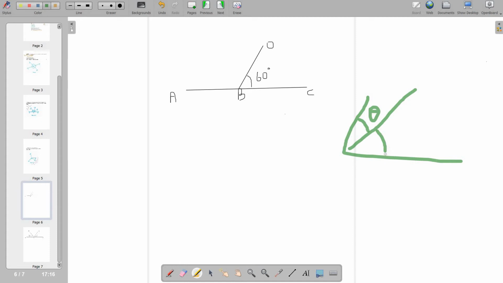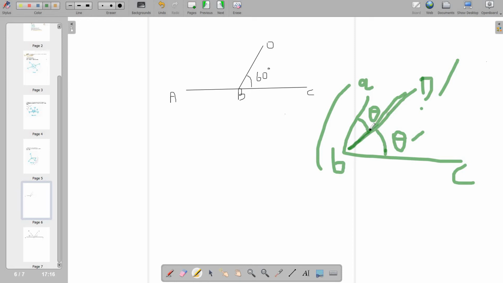Let us consider angle ABC. Angle ABD is theta, and angle DBC is also theta. So BD is an angle bisector.